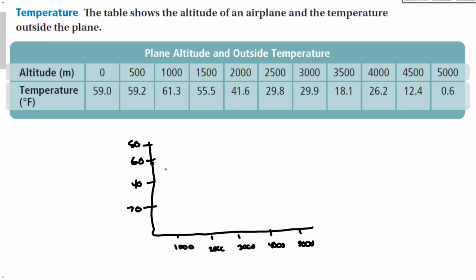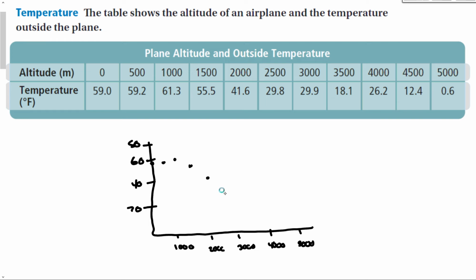At 500, it's a little bit warmer. At 1,000, it's 61.3, a little bit warmer too. But then watch what happens when we get to 1,500, we have 55. At 2,000, we have 41. At 2,500, we got 29.